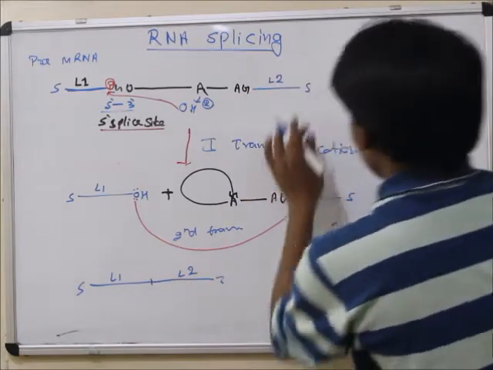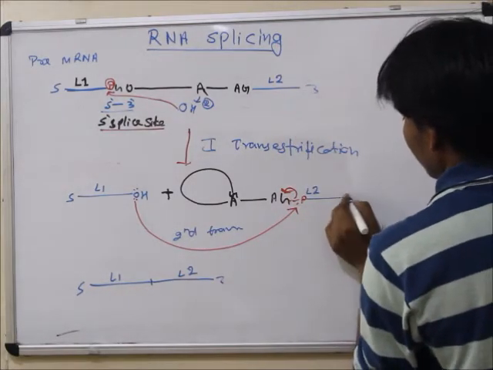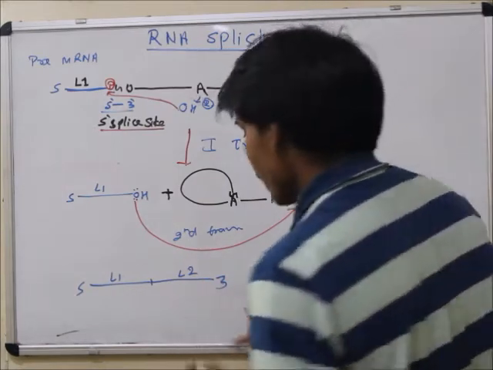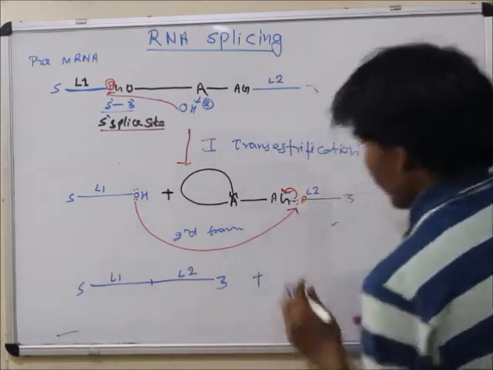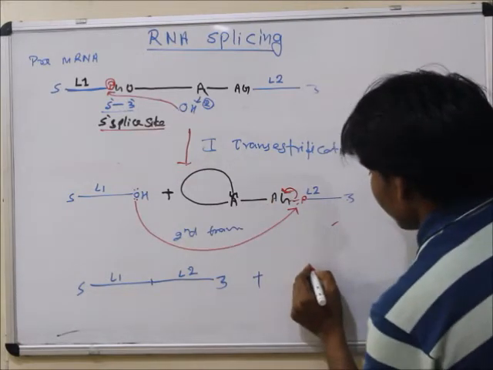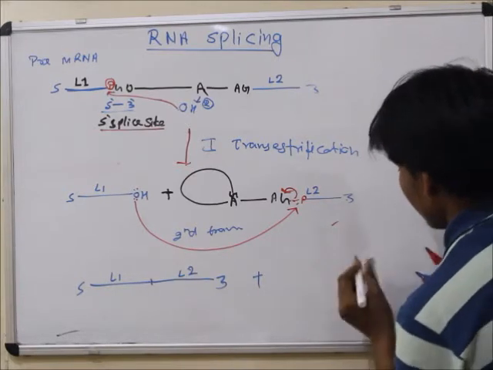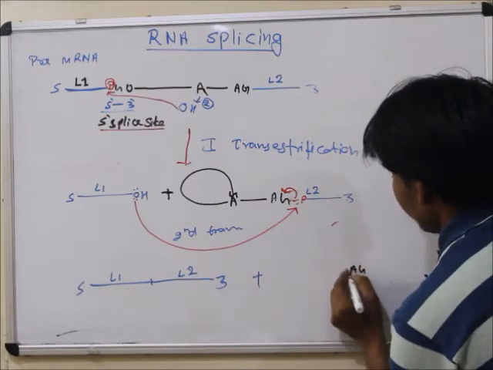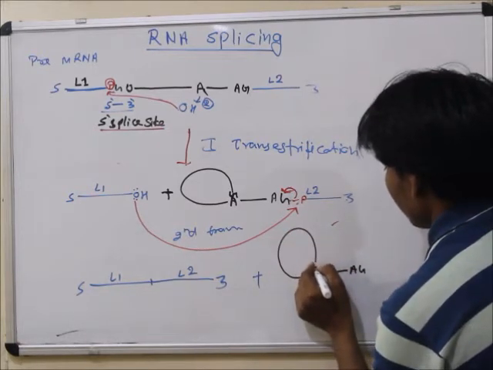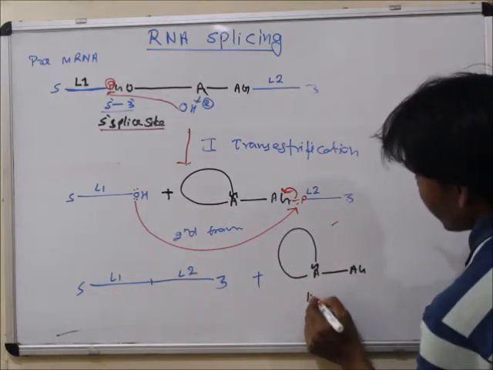Sorry, this was the 3 and then 3. This is exon plus this is intron. AG, A and G. This becomes intron.